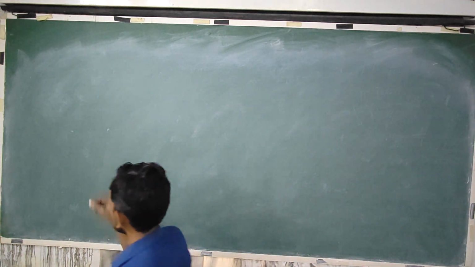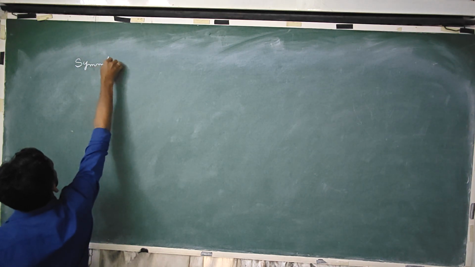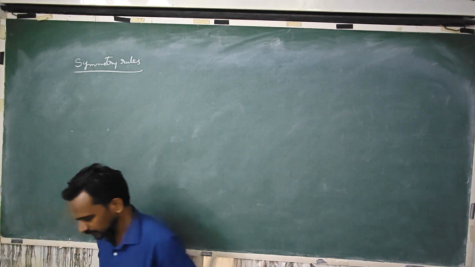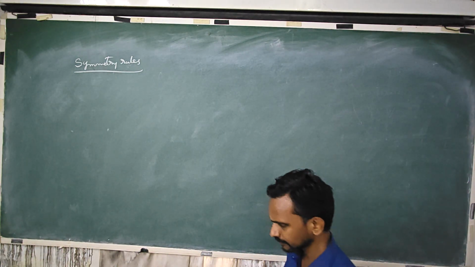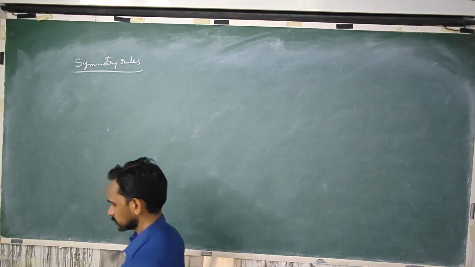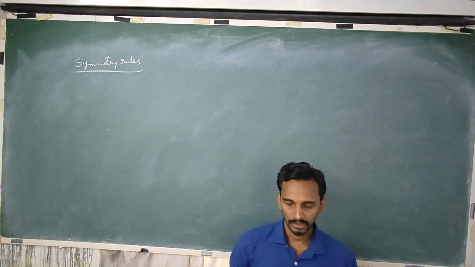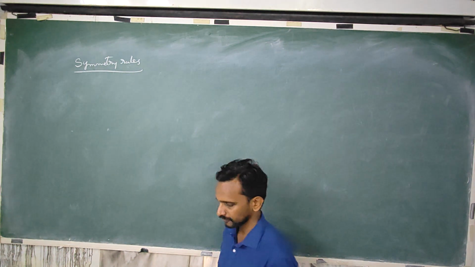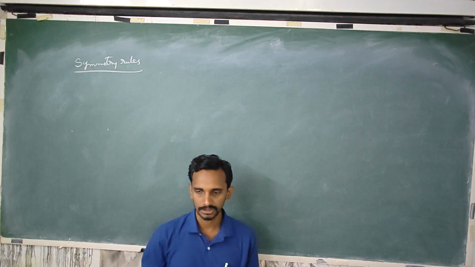Now we'll see the symmetry rules. Whenever you come across a physical quantity, you must look for these symmetry rules also, to confirm the validity of those physical quantities. Let's say you're dealing with forces or energy.